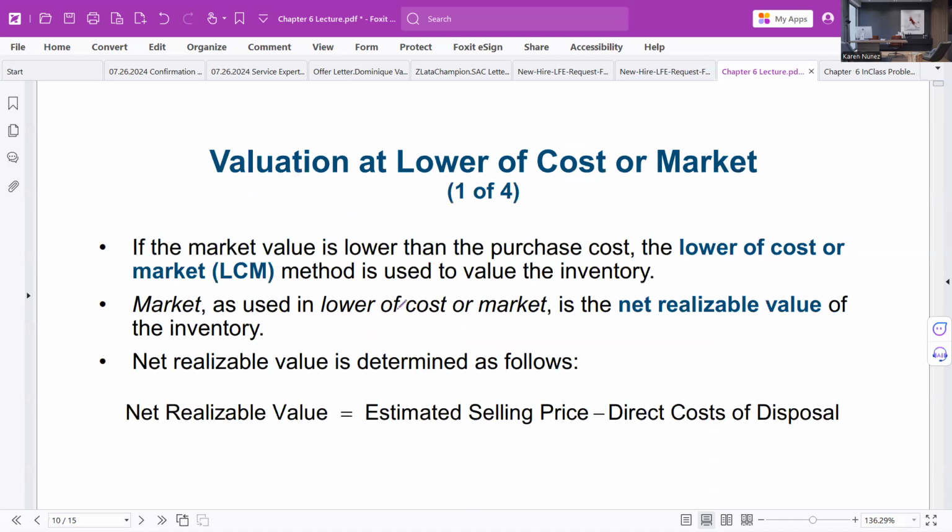So the lower of cost or market method, LCM, that means that if the market value is lower than the purchase cost, lower than FIFO, LIFO, or weighted average, right? Whatever cost you use, if the actual market value is lower than that FIFO cost, or lower than the LIFO cost, or lower than the average cost, then we would use the market value.